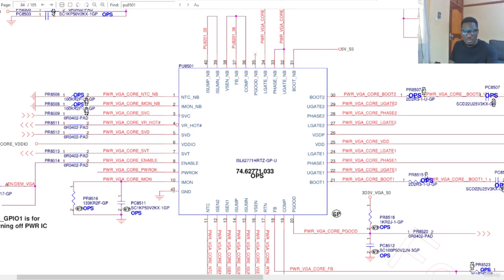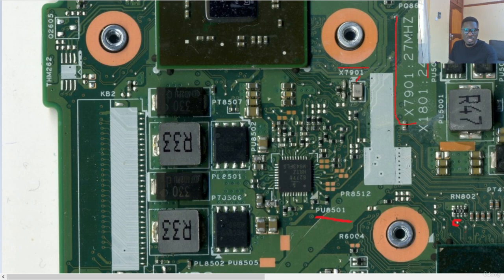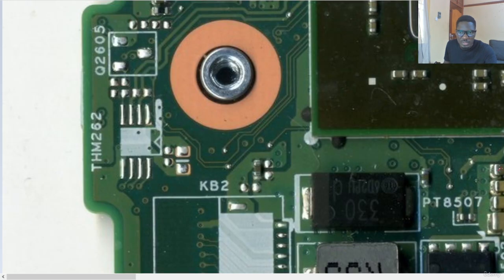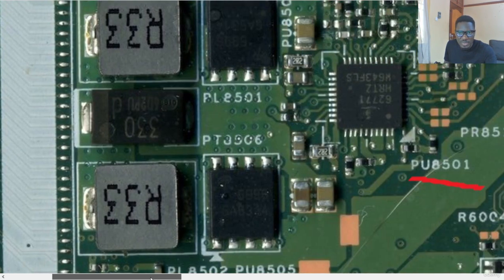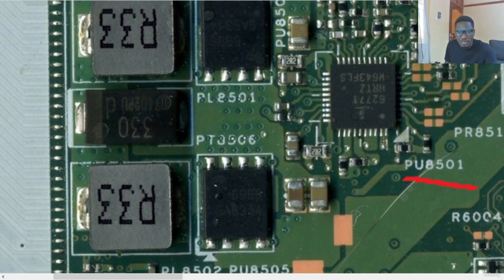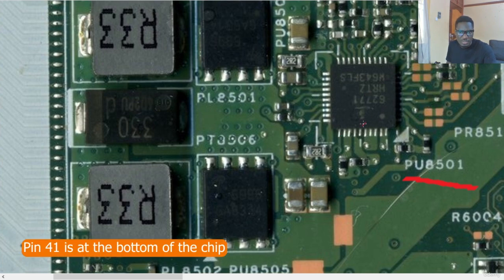So these numbers go up to probably 41, and if you take a look at this chip on the schematics, you'd see that it has got 41. If you take a look and count these pins, you'd see that this chip has got 41 pins. Let's take a look at this. 1, 2, 3, 4, 5, 6, 7, 8, 9, 10. So 10 times 4, that is 40.